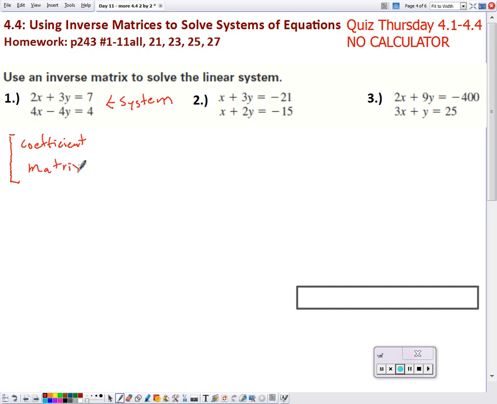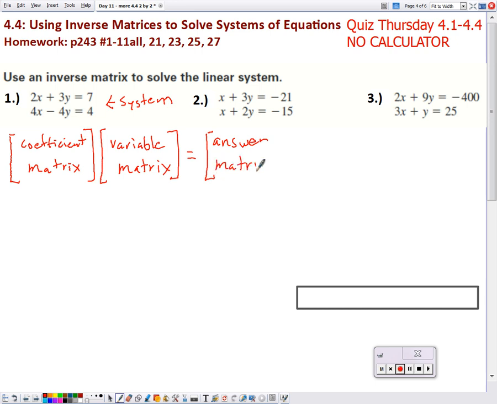We're going to multiply the coefficient matrix times our variable matrix, and that will equal our answers. Take a second and jot this down because I'm going to erase it to make room. Pause the video if you're not done.